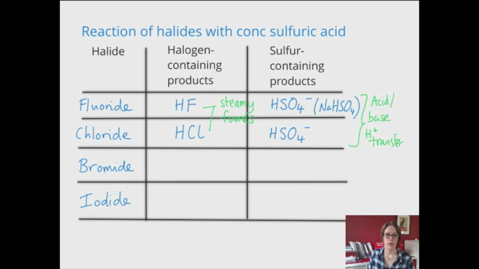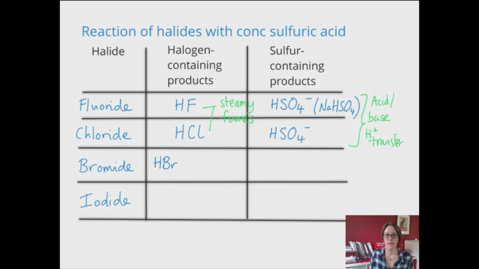It's just transfer of H+, and it's not transferring both the hydrogen ions, because if you think about it, sodium fluoride and sodium chloride are not bases, they're just salts. So the only reason this hydrogen ion is transferred at all is because it's really concentrated sulfuric acid. So it's extreme conditions.